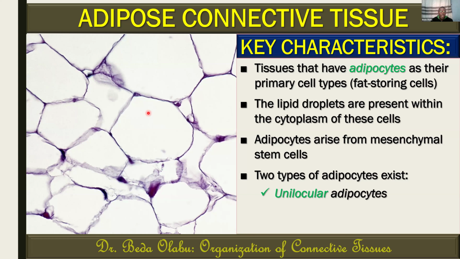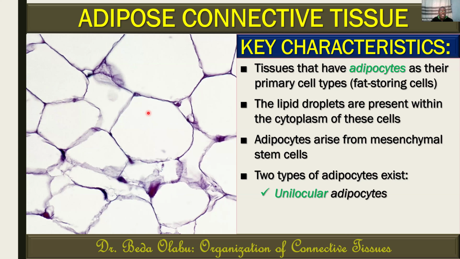Now, I want you to understand that these are histological preparations. And when we prepare slides histologically, there are some chemicals which are usually used in the process of staining of slides. Some of these chemicals have the capacity to dissolve and clear off fat.